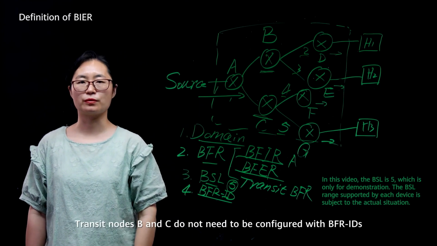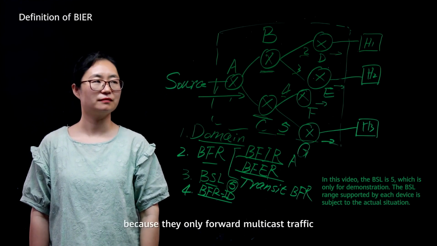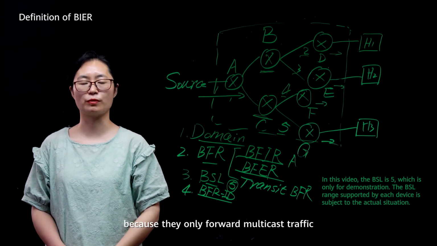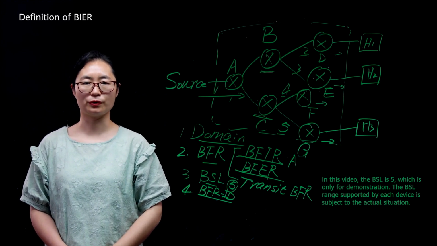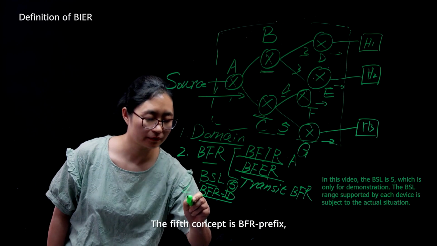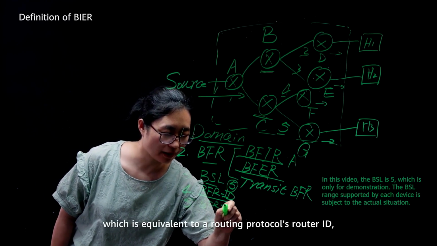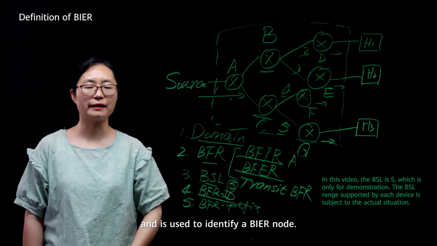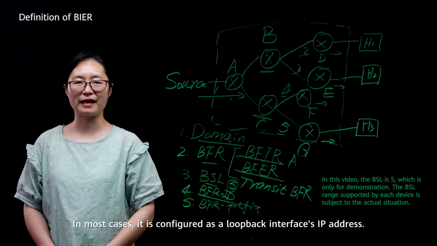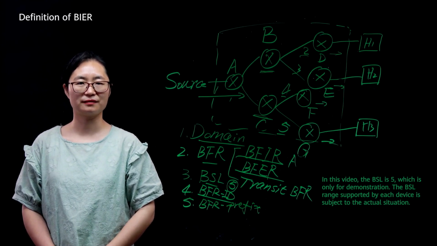Transit nodes B and C do not need to be configured with BFR IDs because they only forward multicast traffic and do not need to receive multicast traffic. The fifth concept is BFR prefix, which is equivalent to a routing protocol's router ID and is used to identify a BIER node. In most cases, it is configured as a loopback interface's IP address.